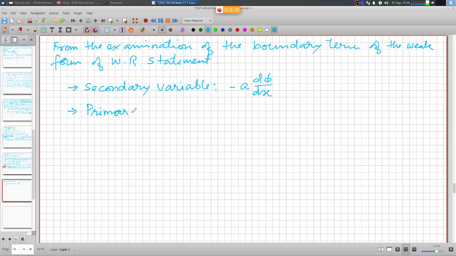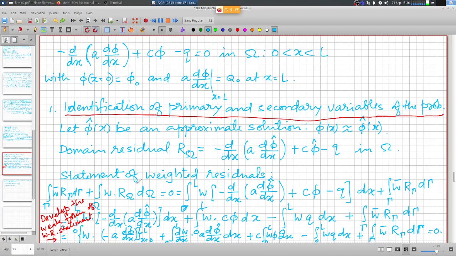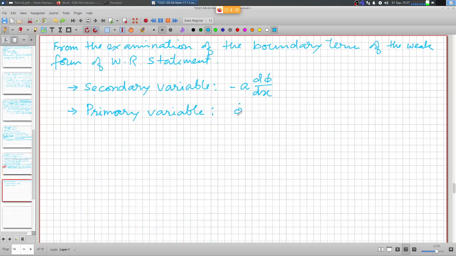How is the primary variable defined? The unknown of the problem, unknown of the governing differential equation substituted for weighting function in the boundary term. So unknown is of course phi, weighting function term appears in the boundary term as a zeroth order derivative. So we substitute this unknown in place of the weighting function, and that is the primary variable of the problem. So the primary variable of the problem in this case is phi.